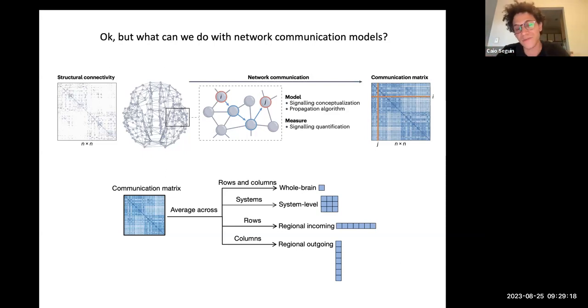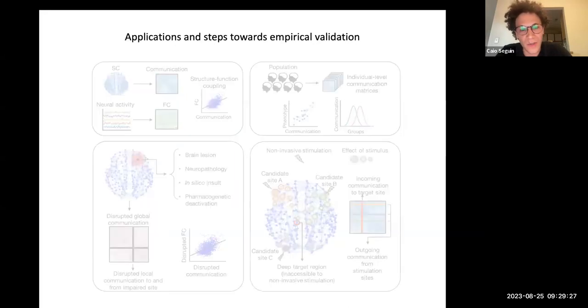And then you can use these values to try to predict some sort of empirical or observational data that you have. So here, I'm going to talk about some of these applications of these communication matrices, and also, at the same time, steps towards actually empirically validating these different conceptualizations of network communication.